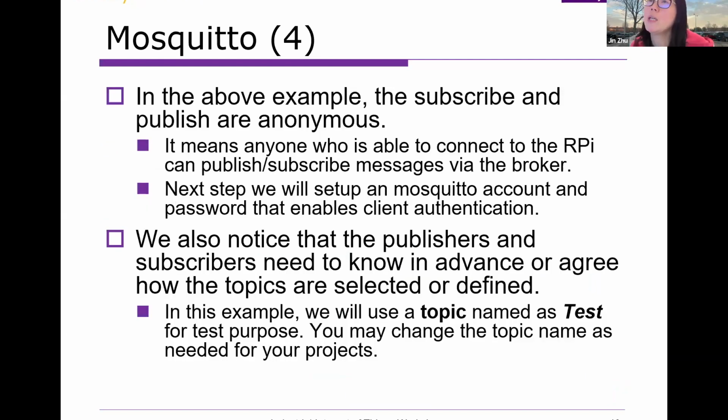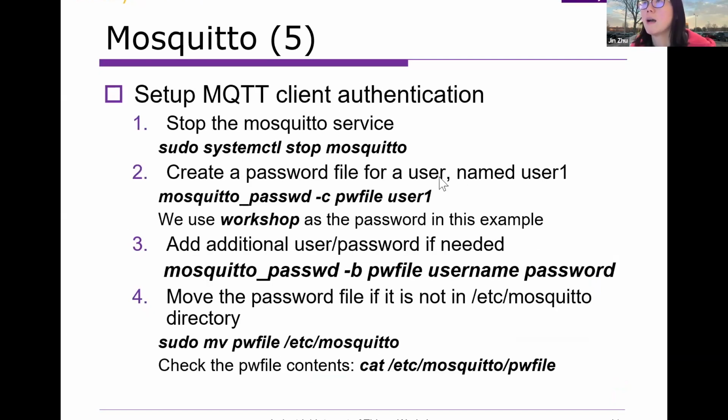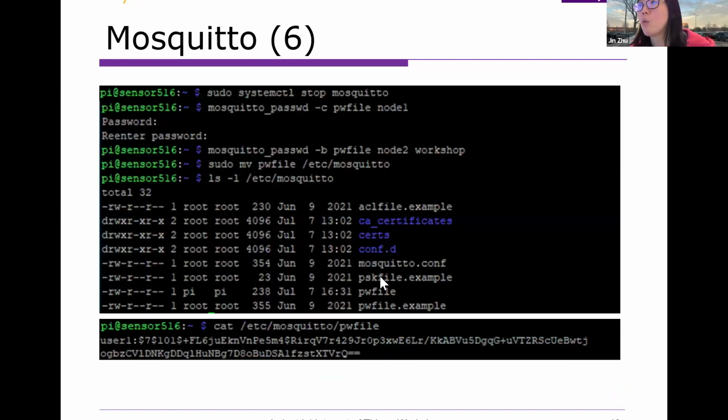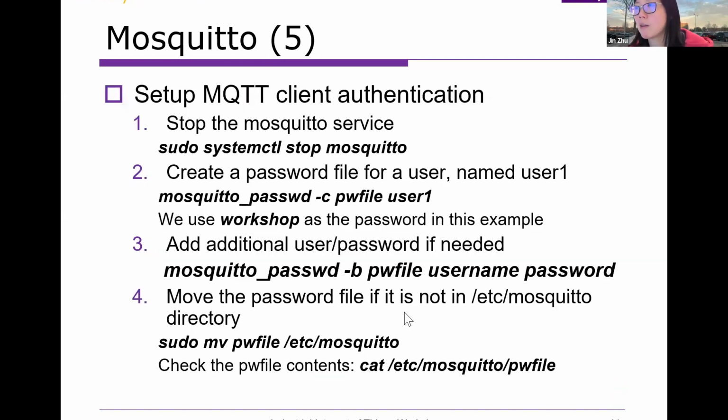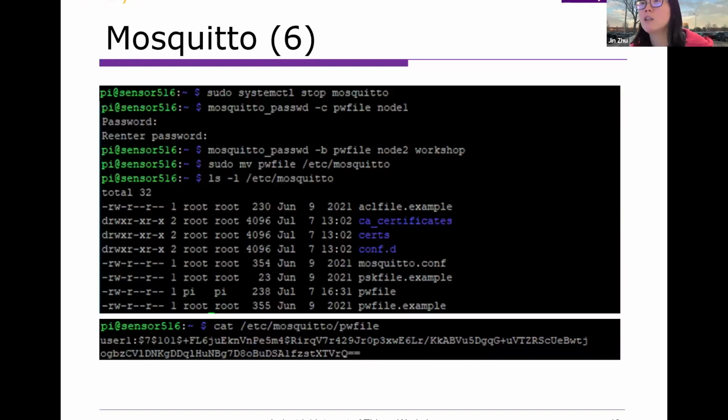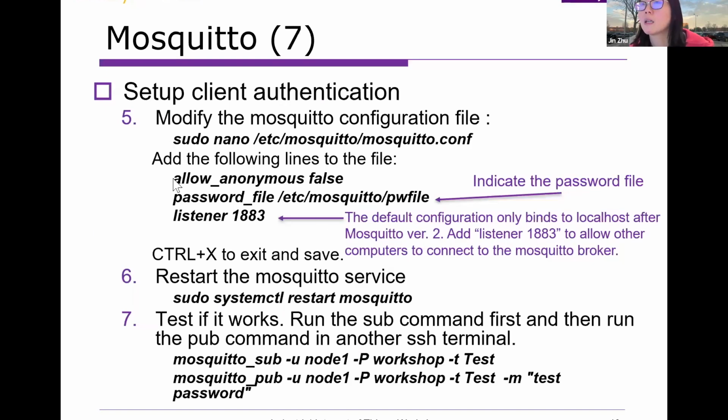So we can set up client authentication. Here are the steps to create a username and password for the clients. Then only clients with the correct username and password will be able to connect to the MQTT broker.